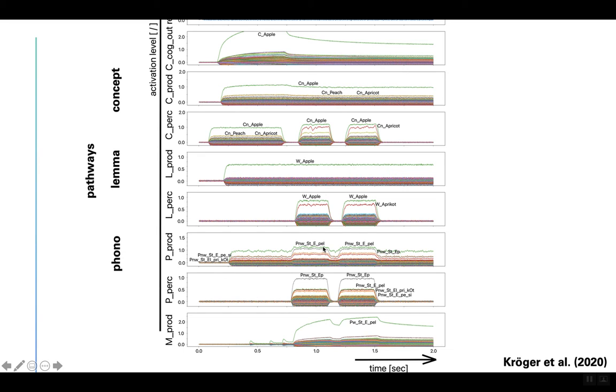So here the word activation is increased as a byproduct of the activation of the syllable app, because of the similarity, all the words starting with app, like apple or apricot, are co-activated, and so the activity of the word apple is now the strongest here and starts the activation at the motor level.